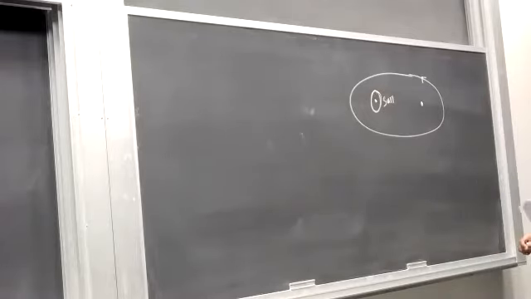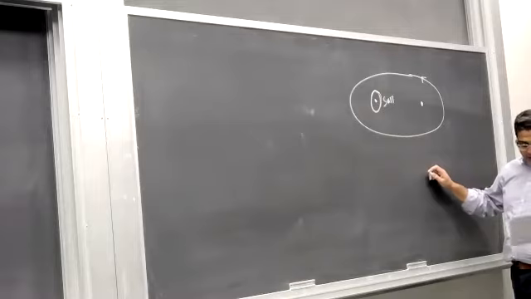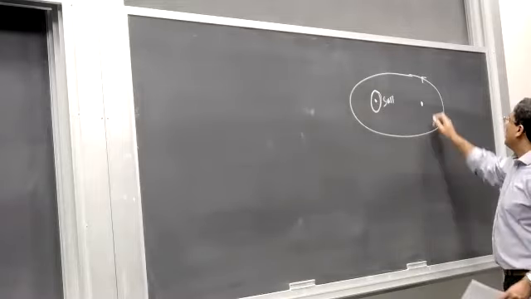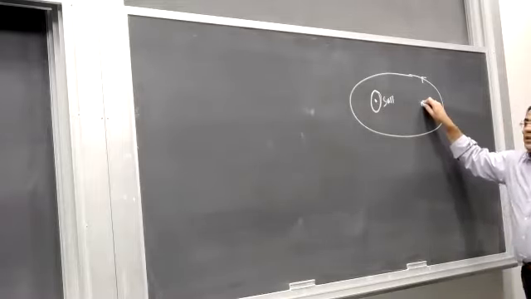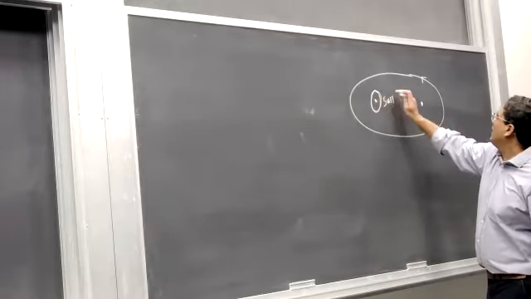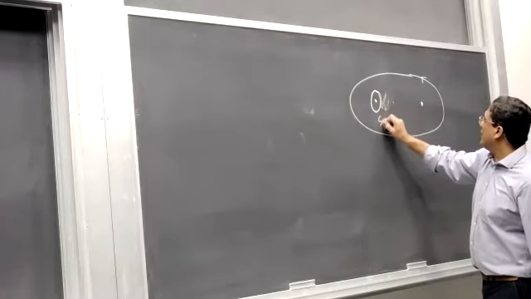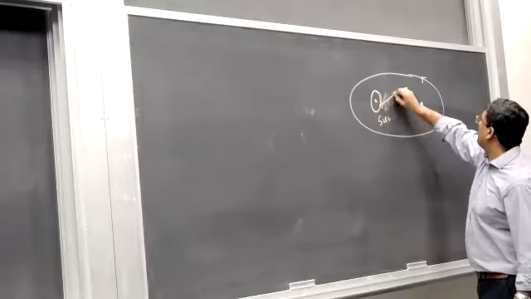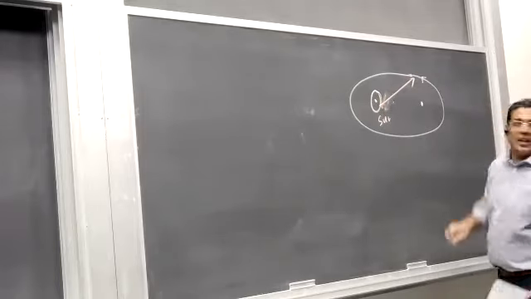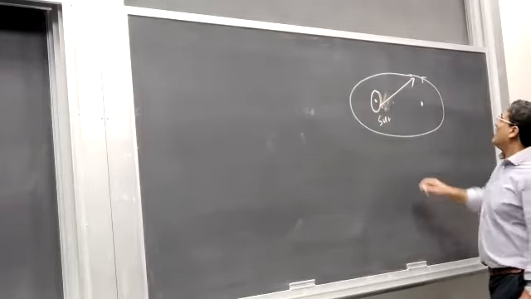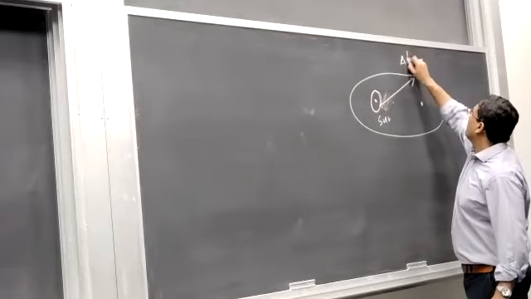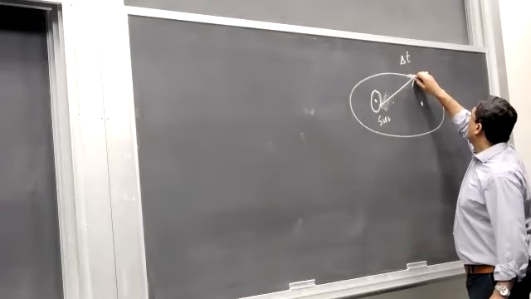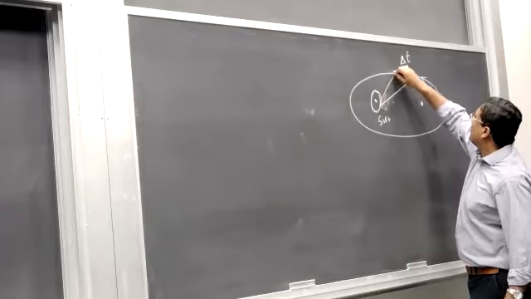And the second law says that the position vector of the planet, let me just make, this is the sun. This is the position vector R. Okay. Let's say that after delta T, it is here.